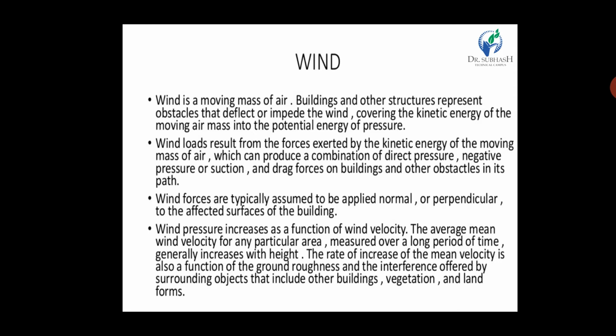So depending on the wind pressure and velocity at a particular area, we should keep in mind what our building height should be, and beyond that height what the criteria should be to resist this wind pressure. The rate of increase of mean velocity is also a function of ground roughness and the interference offered by surrounding objects, including other buildings, vegetation and landforms.